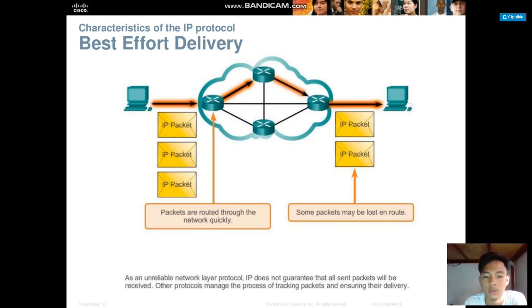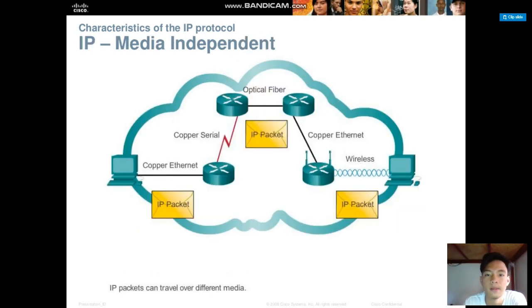As an unreliable network layer protocol, IP does not guarantee that all sent packets will be received. Other protocols manage the process of tracking packets and ensuring their delivery. IP is media independent. IP packets can travel over different media.